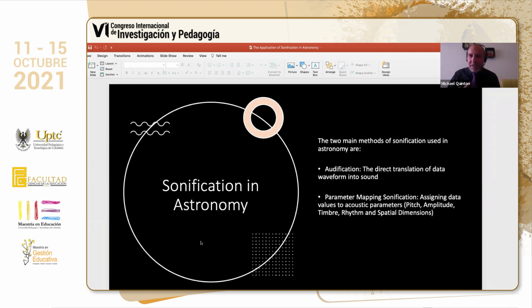When they looked at the data, first of all, when they printed out the paper, it was so long, I think it was 5 or 6 kilometers long, if I remember correctly. And they just couldn't go through it. It was just too much to go through. So they audified the data. They used a very primitive means of picking up vibration, I think it was a metallic device that would resonate.